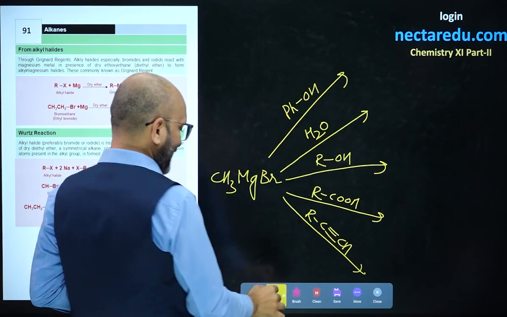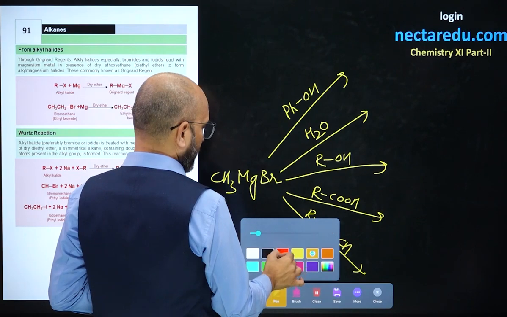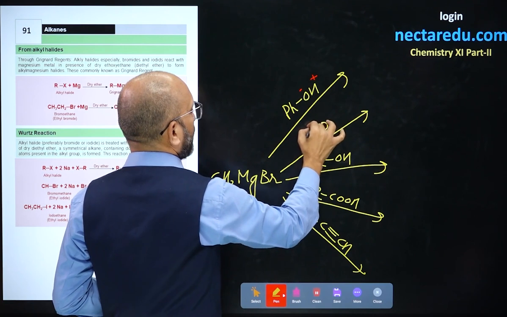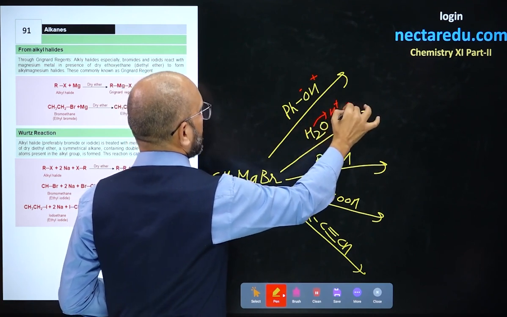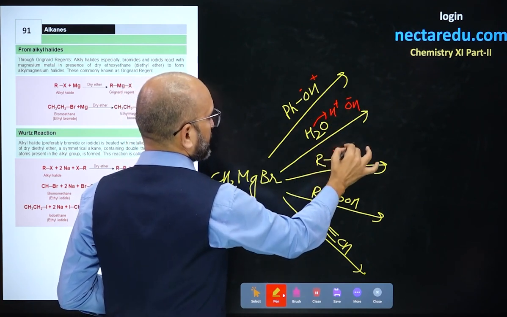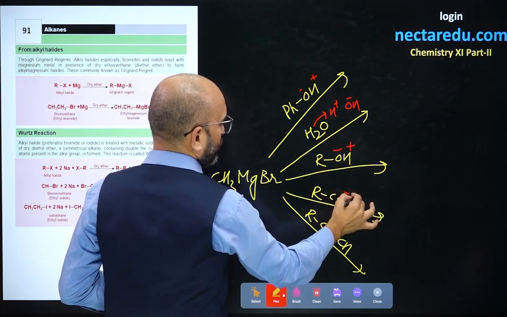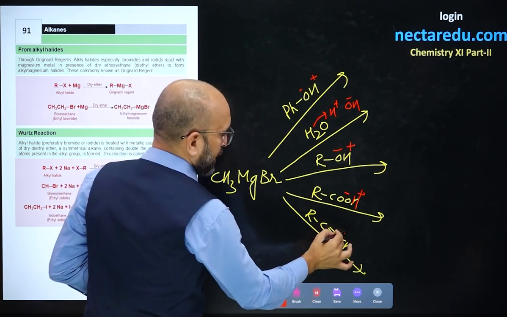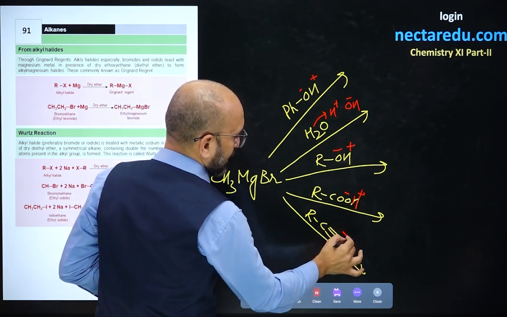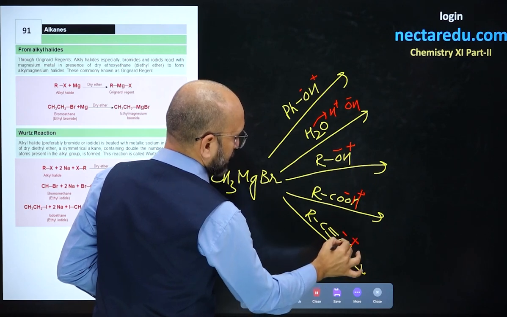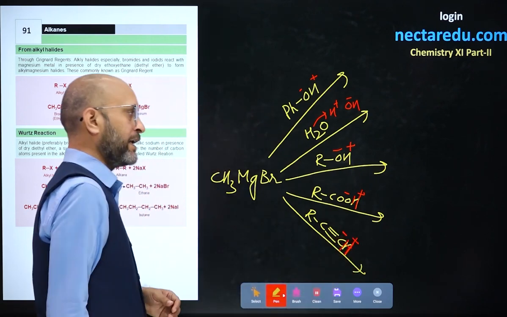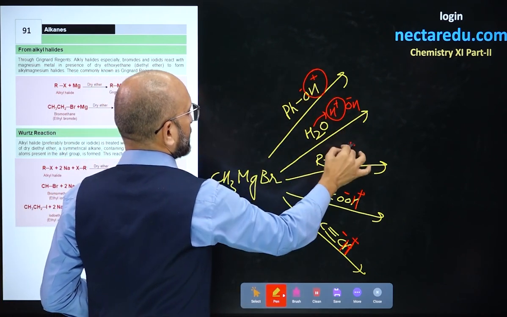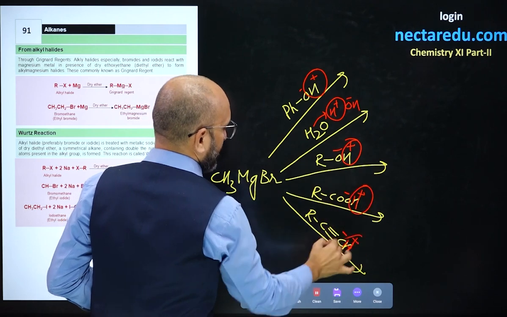All these have acidic H, all these have H plus. Water gives H plus OH minus, alcohol gives RO minus H plus, carboxylic acid gives RCOO minus H plus, and terminal alkynes give H plus as well. The carbon attached to the triple bond is an sp carbon, and the hydrogen attached to it is the acidic hydrogen of the terminal alkyne. So all these have H plus.